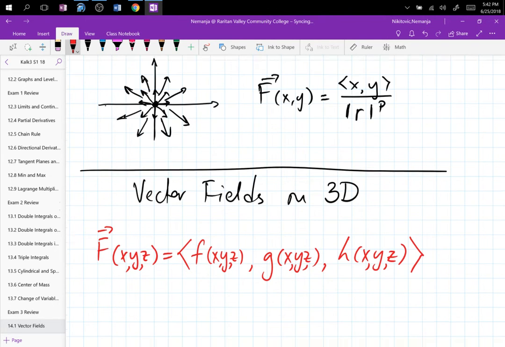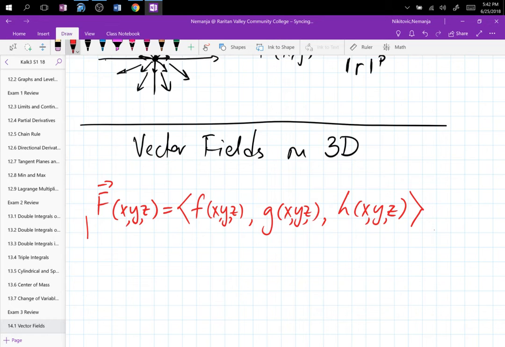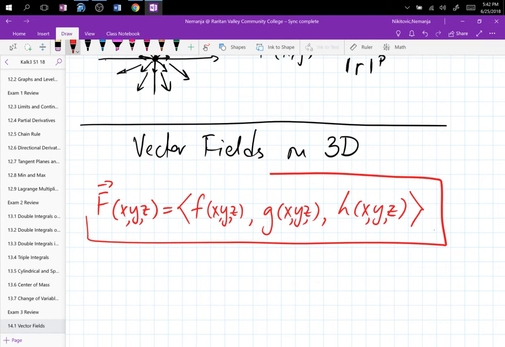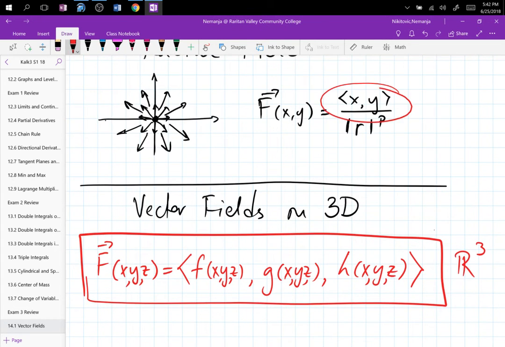And there you go. So that's our 3D case, so R3. And a radial field would be the same formula, except it is going to have a z as well on top.